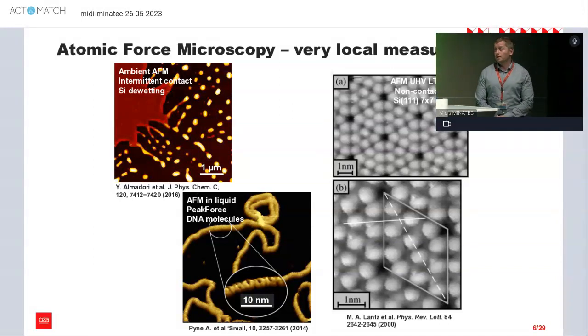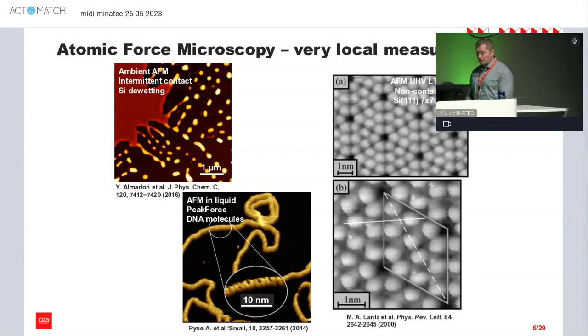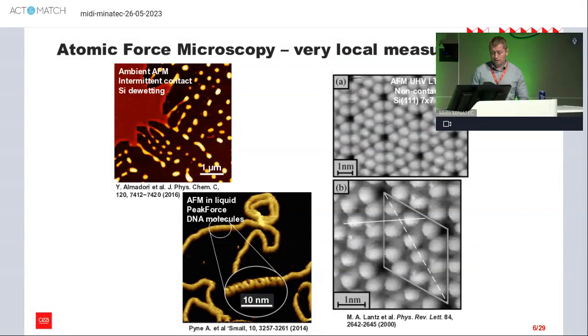Here I chose three examples to show the different resolutions and different environments by AFM, just for topography. The first example is dewetting of silicon films, where we can see micrometric agglomerates. This was done in intermittent contact mode using ambient AFM.